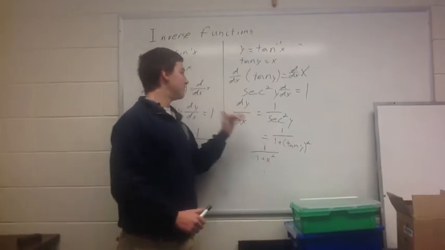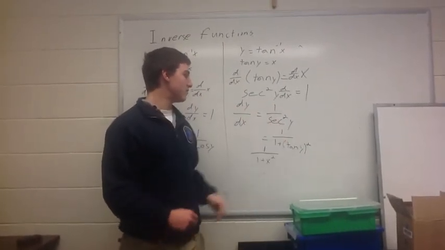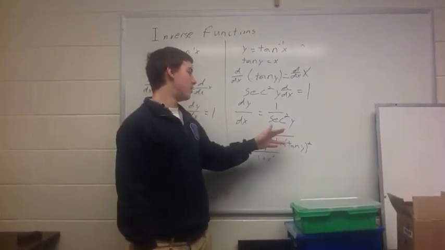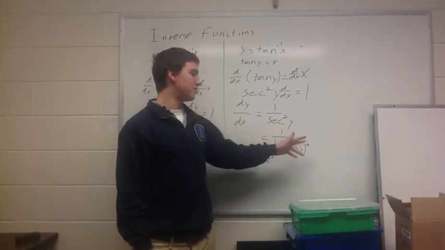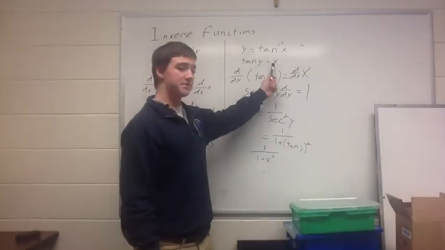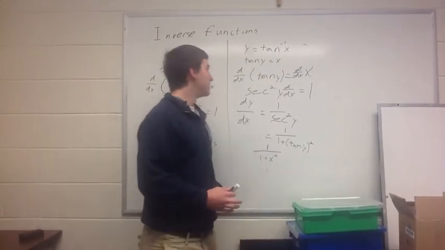And then we get dy over dx equals 1 over secant squared y, which also equals 1 over 1 plus tan squared y. And as you can see before, tan y equals x. So we'll end up with just 1 over 1 plus x squared. That's how you find the derivative of the inverse of tan.